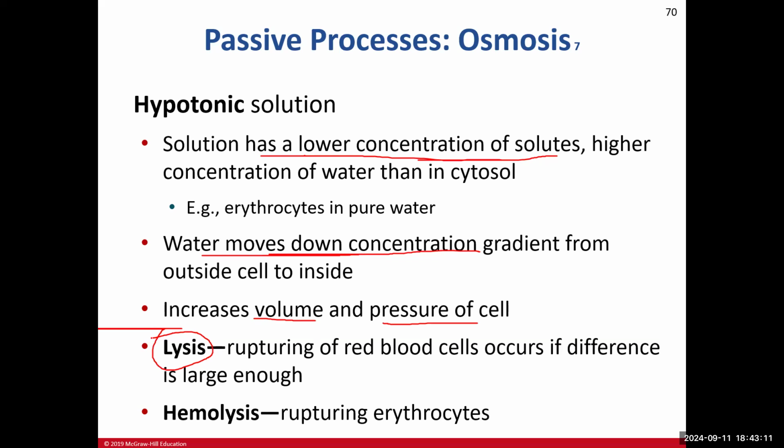When you do this to red blood cells, we call that hemolysis. Heme has to do with blood, red blood cells specifically. And so that's what's going to happen. So if you take in something that's hypotonic and it gets into your circulatory system, you will start to see the rupturing of red blood cells. Right? And so we want to avoid that type of scenario there.